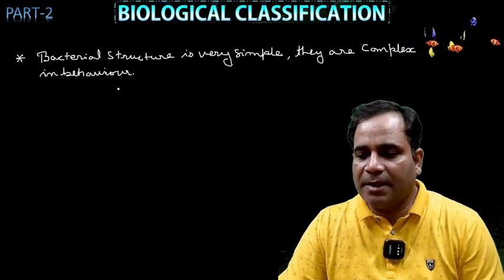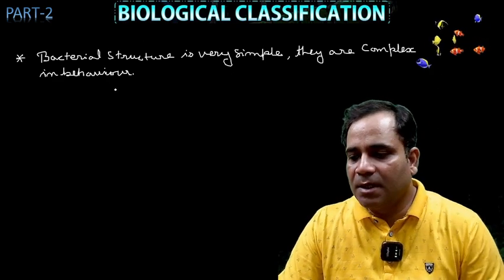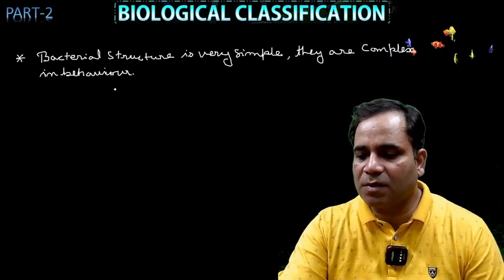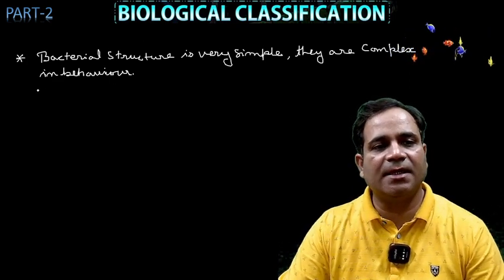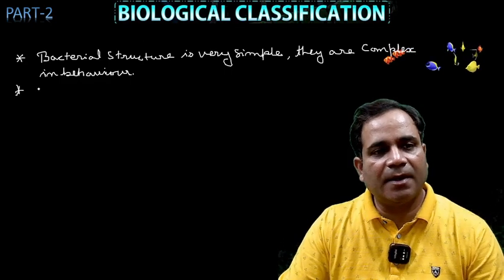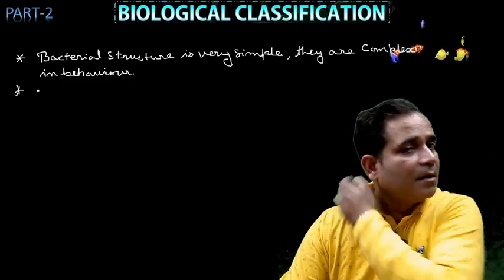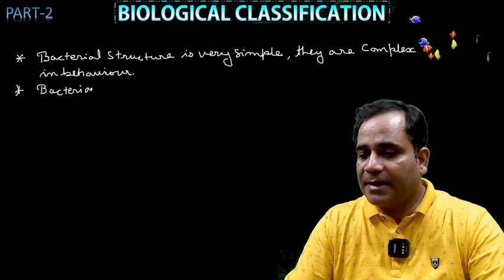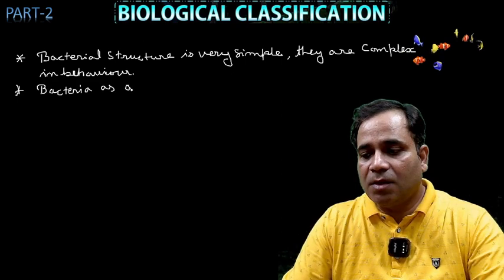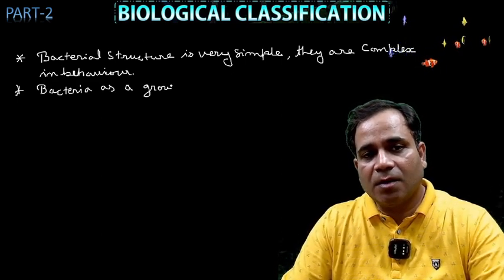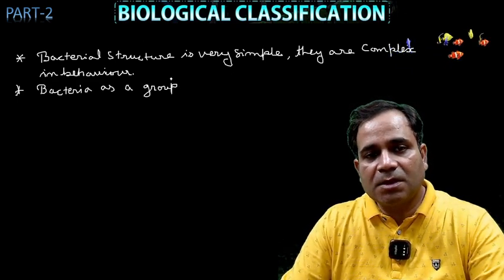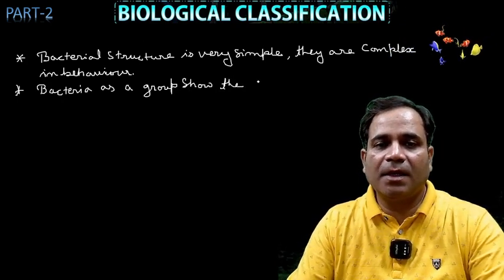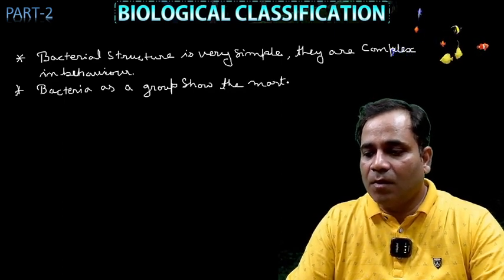So here they show the most extensive metabolic activities. Bacteria as a group show the most extensive metabolic diversity, because they are found in a group.